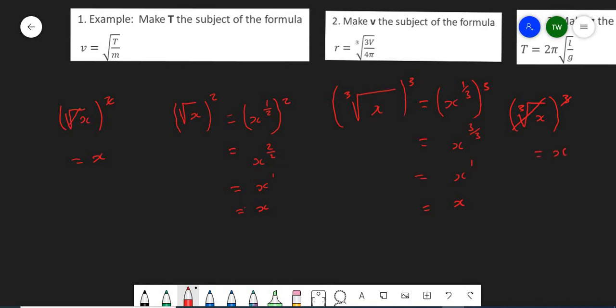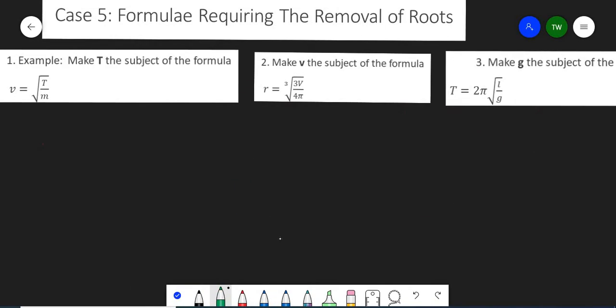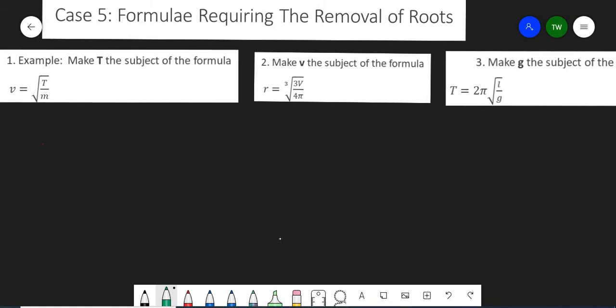Alright, so that's how you remove a root sign. So what we're going to do now is to use that principle to apply it to this example.